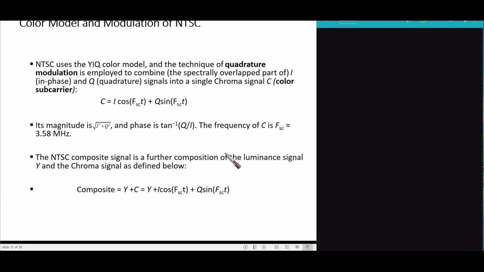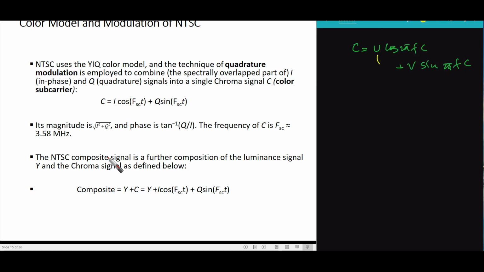I'll now talk a little bit on frequency perspectives. As we already know, our color signal or chroma signal is basically the I or U multiplied with some carrier frequency, that is cosine, and the Q or V information multiplied with sine. So the color is C equals U cos 2 pi fc plus V sin 2 pi fc.